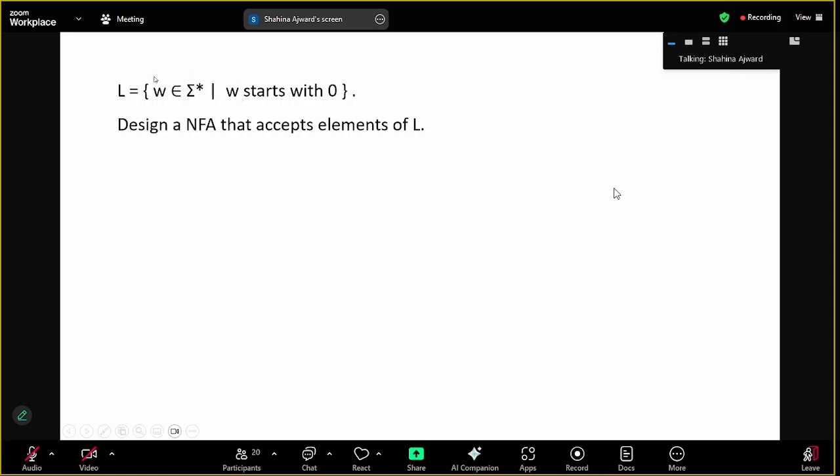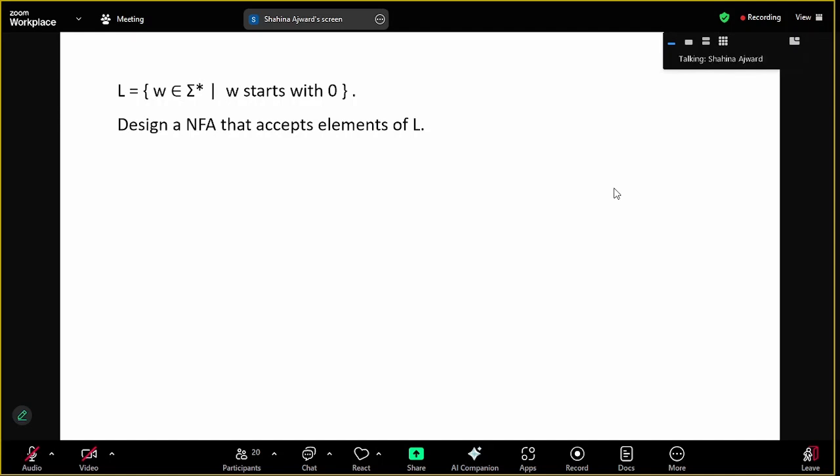It says the language L consists of the strings W, where W has characters from the alphabet sigma, and this W should start with 0. That's the condition. So how can we define an NFA to accept this language?